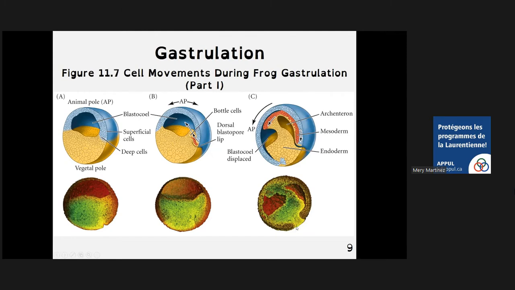So now, one difference with the sea urchin version is that gastrulation begins not at the vegetal pole, right? As we saw, in the sea urchin version it was down here. In frogs, it starts at the marginal zone, okay? And so more at the equator between the animal and the vegetal. Just keep that in mind.